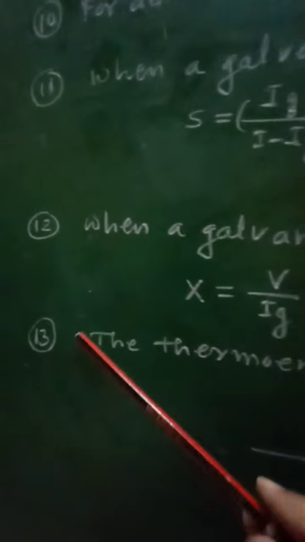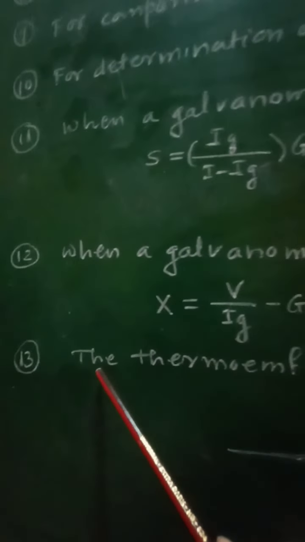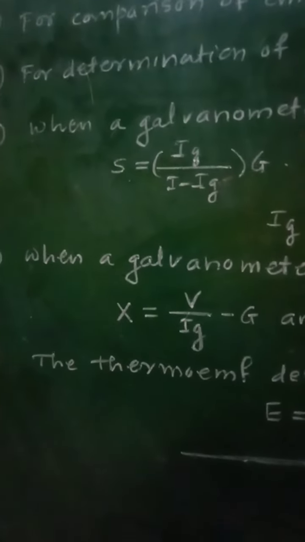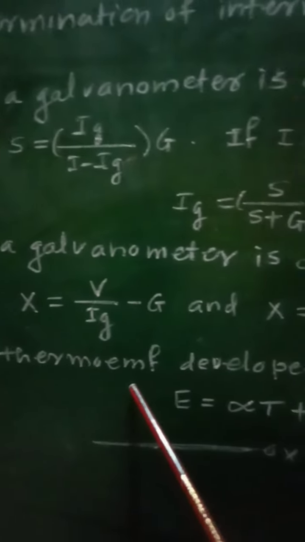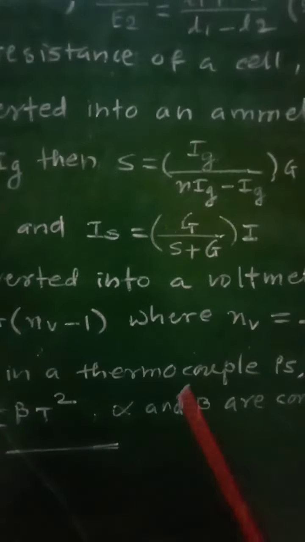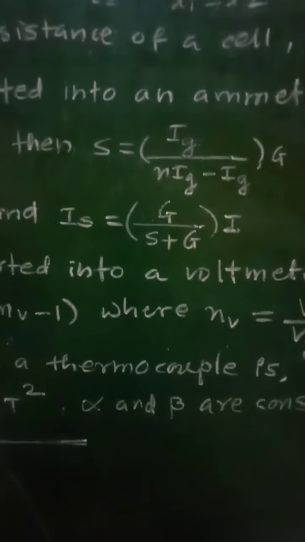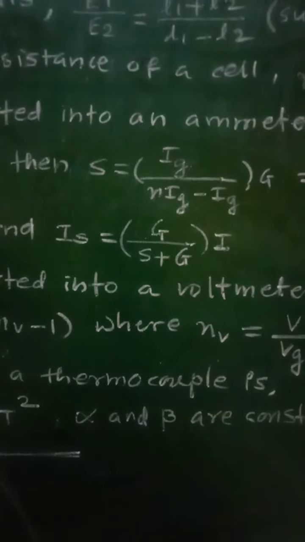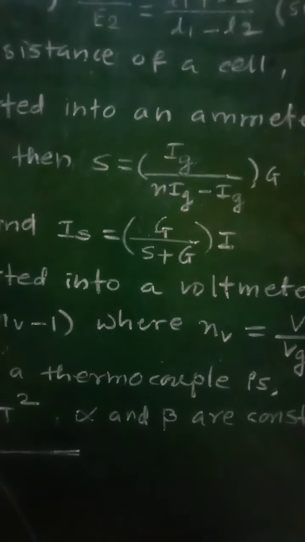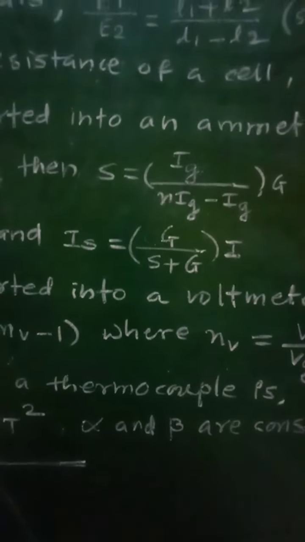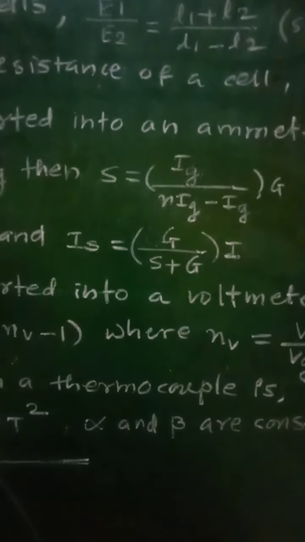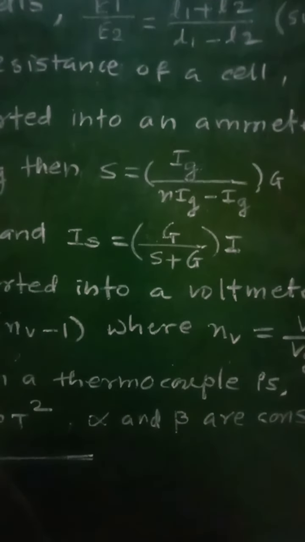Then next formula, that is 13th, is if you consider the thermocouple, then the thermo EMF developed in a thermocouple when the cold junction is kept at 0 degree Celsius temperature and the hot junction will be kept at T degree Celsius temperature.